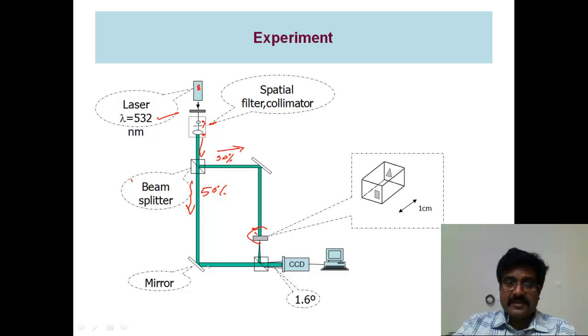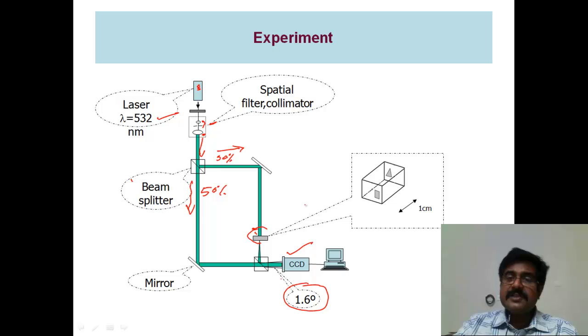The other serves as the reference wave. So this is the object wave arm, and this is the reference wave arm. Using this beam splitter, we combine the beams or make them interfere at the CCD plane. As a result, we get a digital hologram. The interference angle is approximately 1.6 degrees.